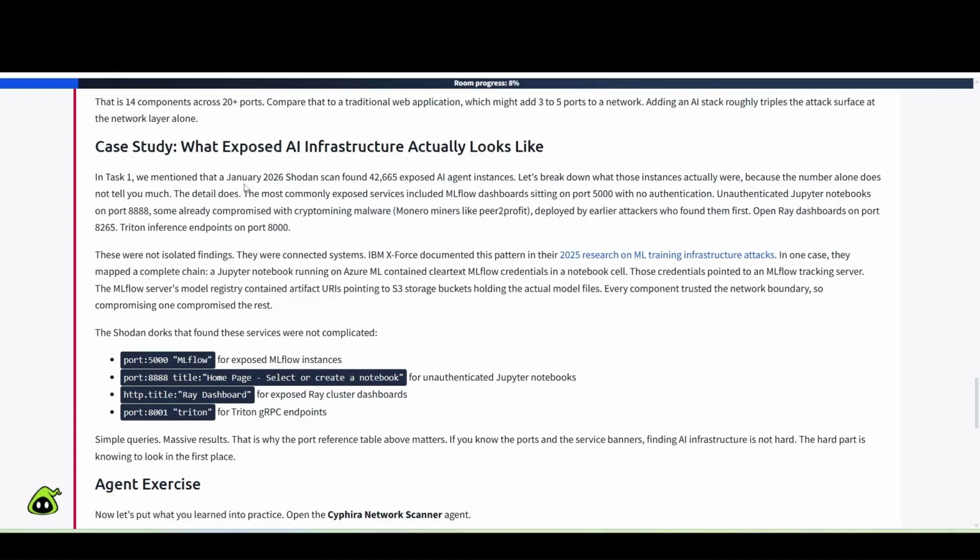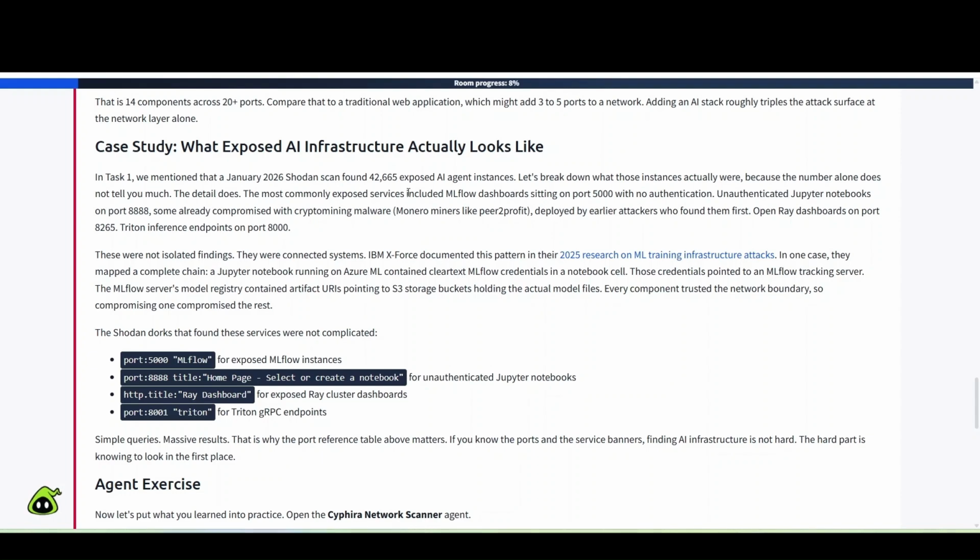Task 1, we mentioned that a January 2026 Shodan scan found 42,665 exposed AI agent instances. Let's break down what those instances actually were, because the number alone does not tell you much. The detail does.